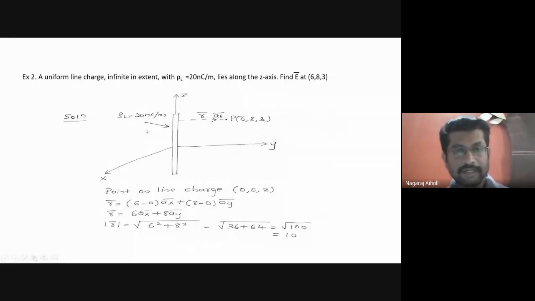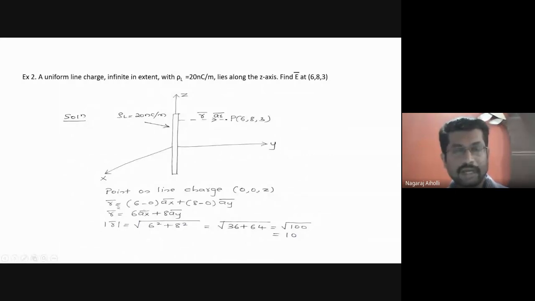Rho L is given as 20 nanocoulomb per meter, the line charge density. What is a point on the line charge? Any point on the z-axis will have the coordinates (0, 0, z). X is 0, y is 0, and we have only the z coordinate. Hence, a point on the line charge is (0, 0, z).